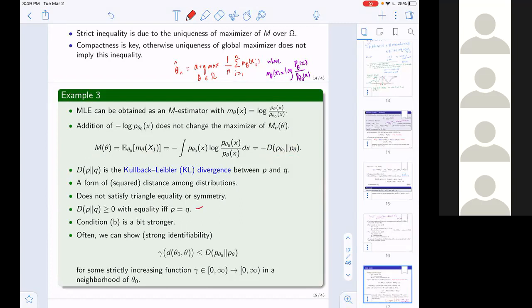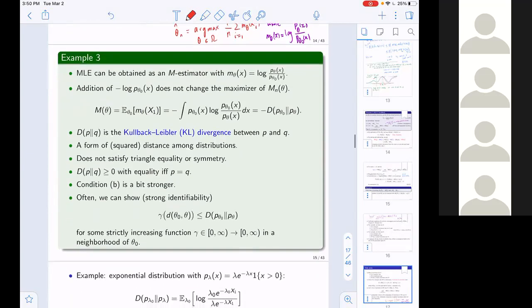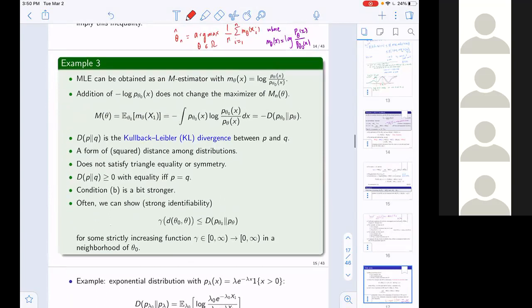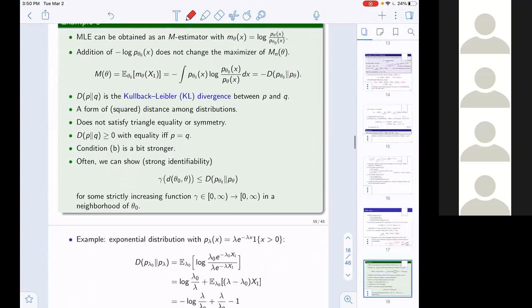So we're almost there. What we need is a little bit more than uniqueness, but you can show this so-called strong identifiability sometimes holds. You can show that for a proper increasing function, in most well-behaved models, this D is lower bounded by a continuous, strictly increasing function of the distance between theta naught and theta.